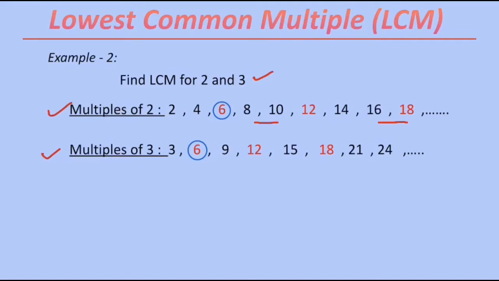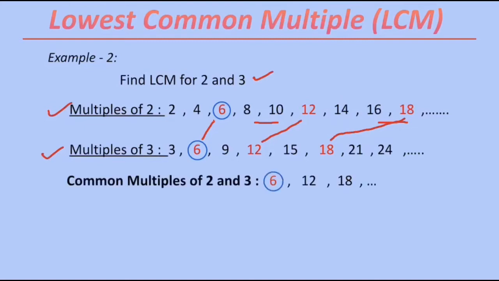In these multiples, now you need to find out the common multiples. Here 6 is a common multiple, 12 is a common multiple, and 18 is a common multiple for these two numbers 2 and 3. Now list out the common multiples. 6, 12, 18 are the common multiples for 2 and 3.